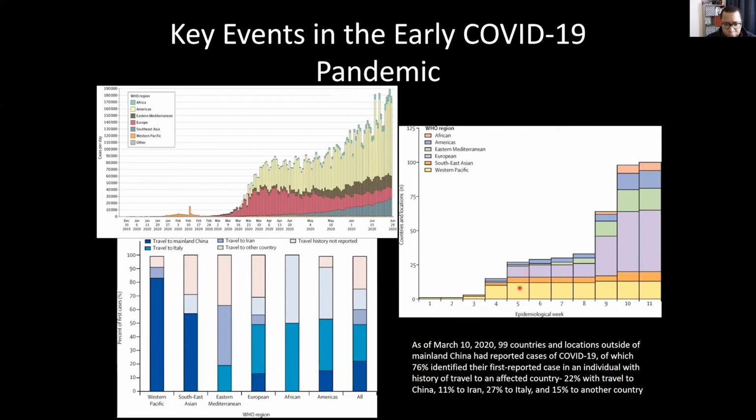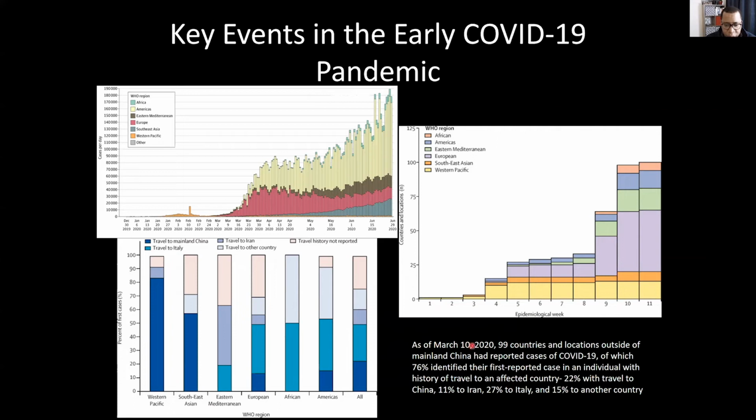This graph over here shows you again that just weeks after the pandemic began, it took a while for Africa to be involved, and when it was, it was a relatively small contribution compared to the rest of the world.